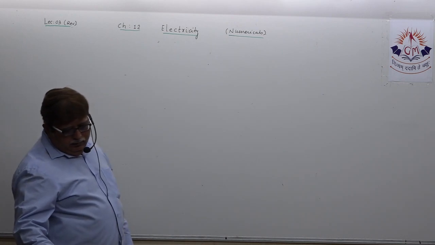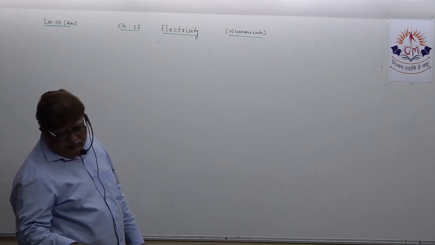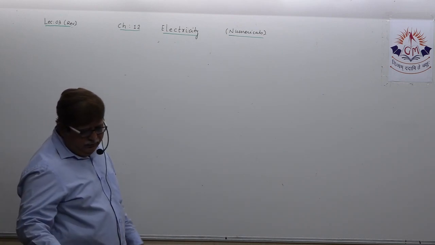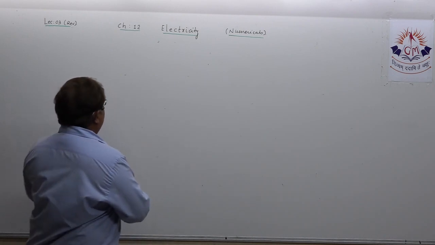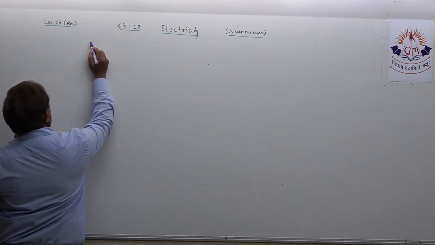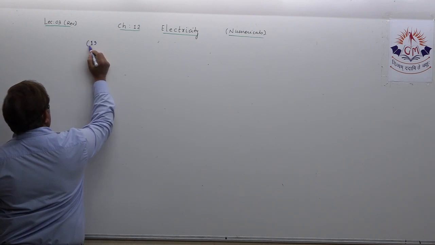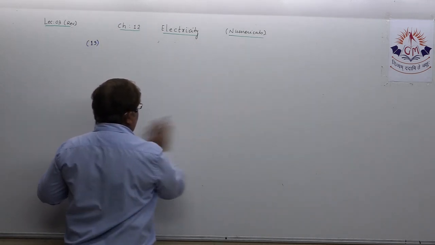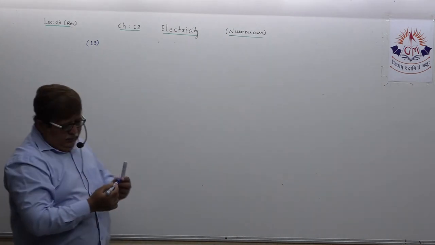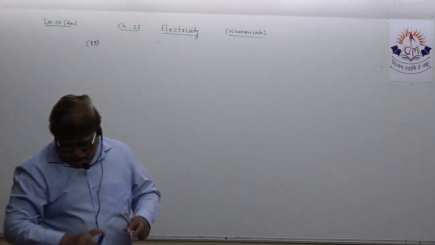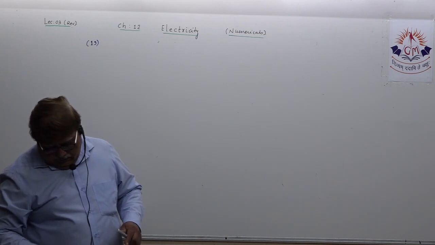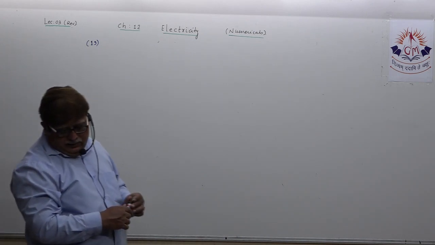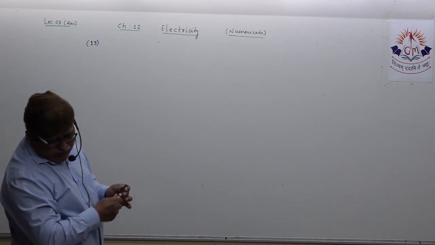Okay. What is the diagram? How many resistors have been mentioned? We are doing the numerical number 19. Understand? How many resistors have been mentioned there? There are 3 resistors. Understand? 5, 8 and 12, and 3 cells of 2 volt.